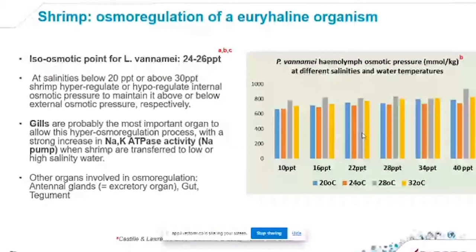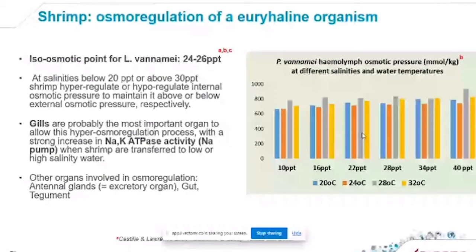And one organ in shrimp is key to this osmoregulation. It's the gills. They are the main organs for osmoregulation in shrimp because they have an enzymatic system called the sodium-potassium ATPase, or sodium pump, which is very active in the gills.